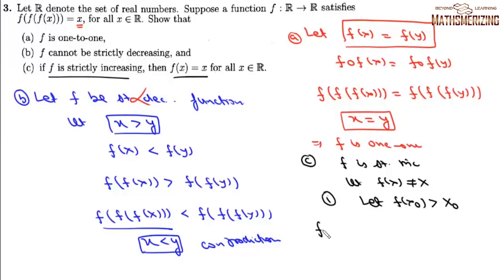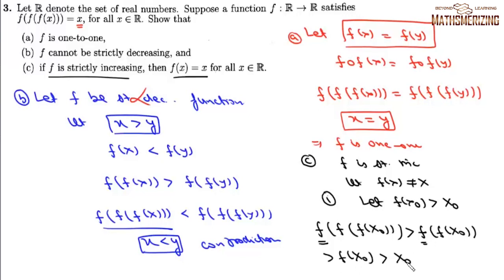Now we consider f of f(x0). Since f(x0) is greater than x0, f of f(x0) is greater than f(x0), and f(x0) is greater than x0. Now this f of f(x0) is nothing but x0. So from here we get this condition that x0 is greater than x0, which is not possible.